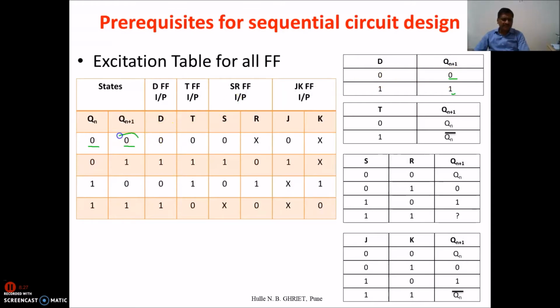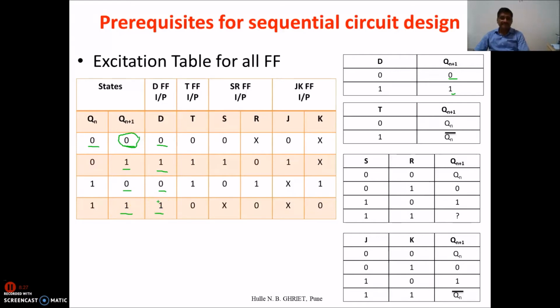To have a next state of 0, we have to apply the input 0. To have a next state of 1, we have to apply the input 1. To have a next state of 0, we apply the input 0. And to have a next state of 1, we apply the input 1.